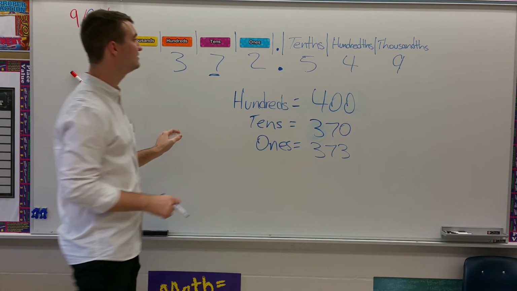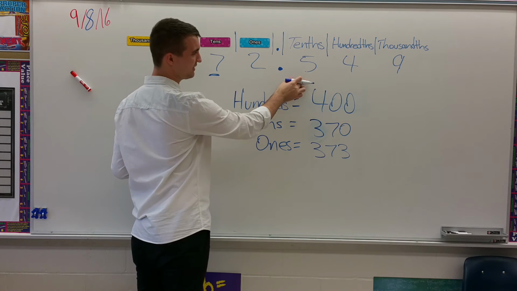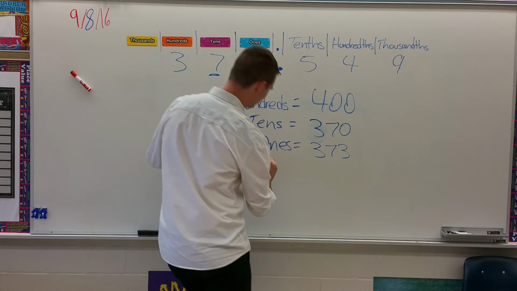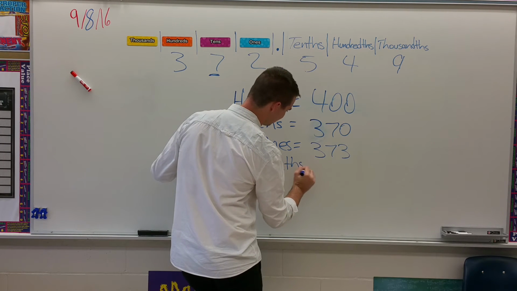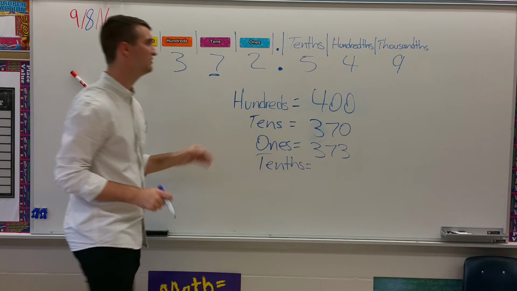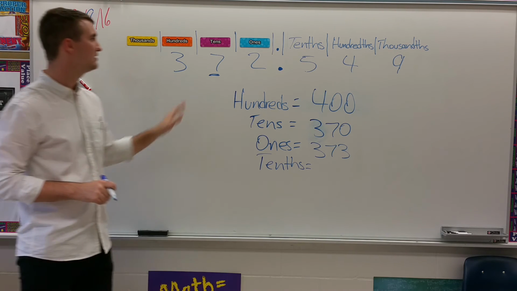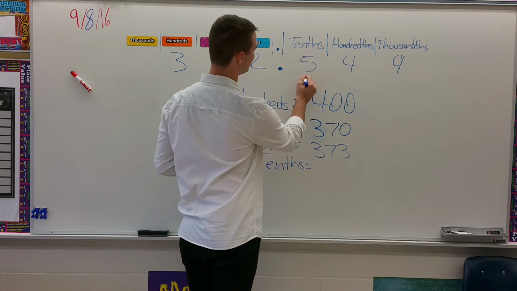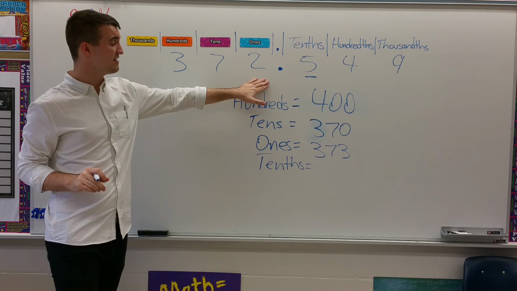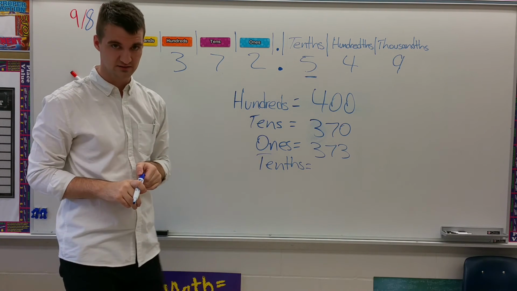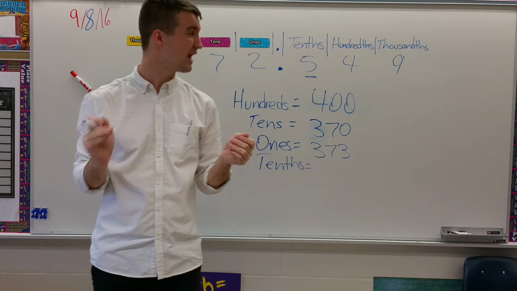So I'm going to go to something that might be a little bit complicated, that might trip some people up here. I'm going to round to my nearest tenth. I'm going to look at that 5 right there, and I'm going to look one behind it to determine whether it's being rounded up or rounded down.